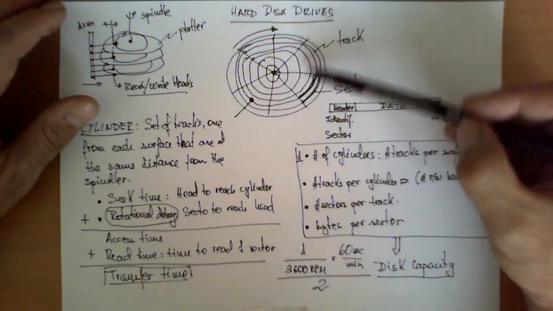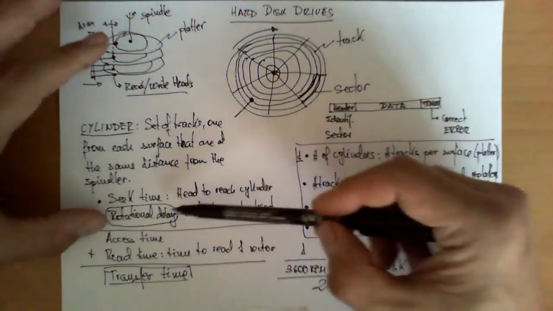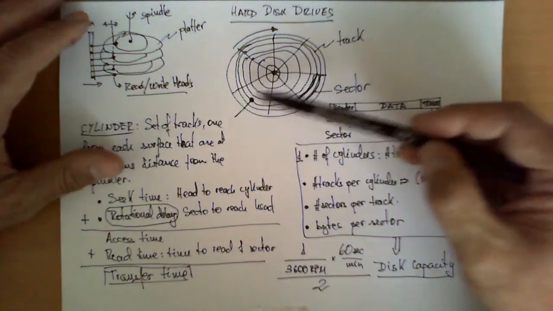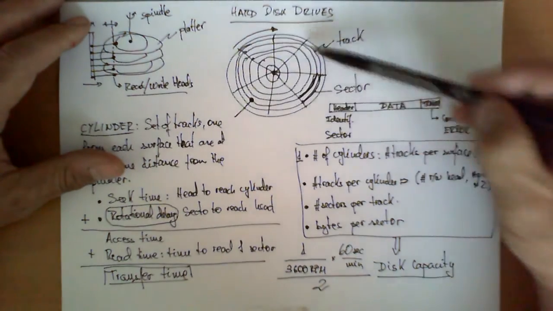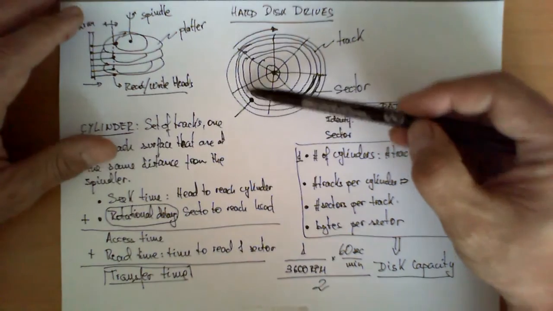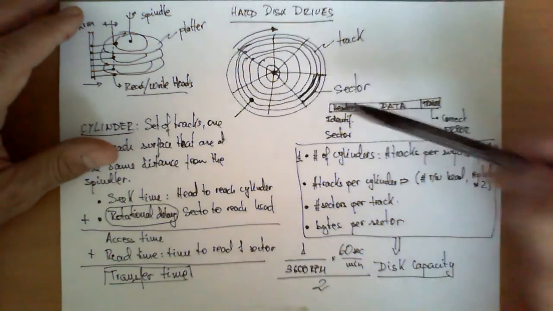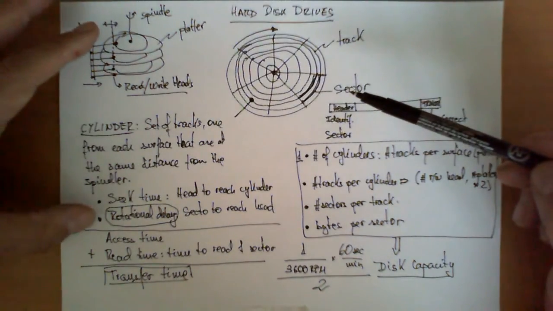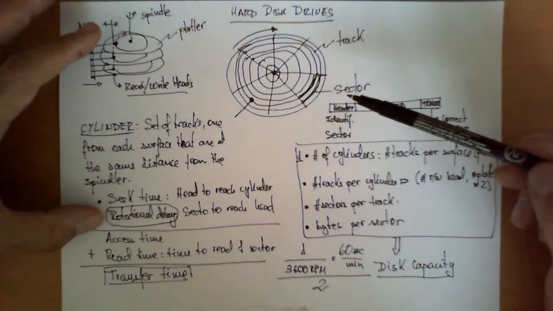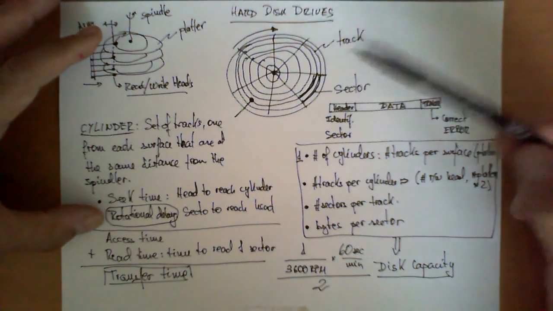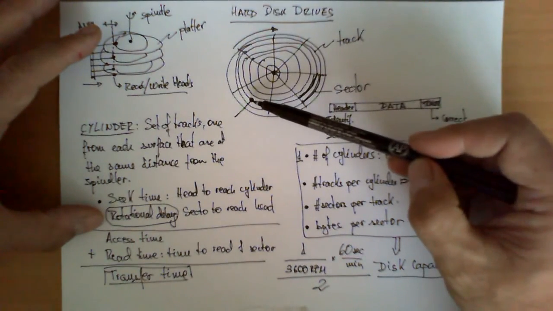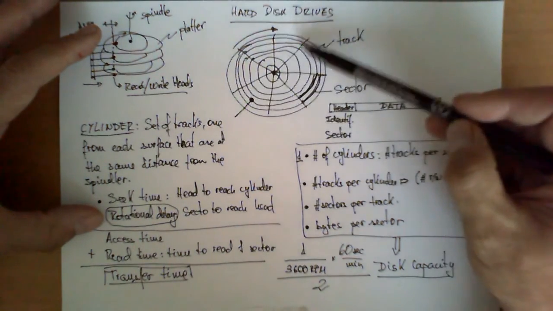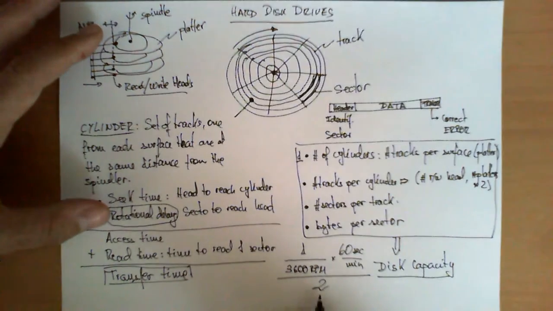Now this half rotation is very important because the rotational delay could be 0 if the sector is right here next to the head, or it could be an entire rotation if the sector just passed underneath the head and we have to wait until it comes back. So what is typically done is the rotational delay is computed on average, and in order to take the average, we assume that the sector is halfway down, so it's neither next to the head nor just past the head. It's somewhere in between, and that's the reason why we divide here by 2.